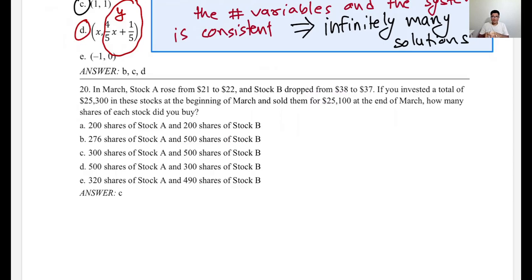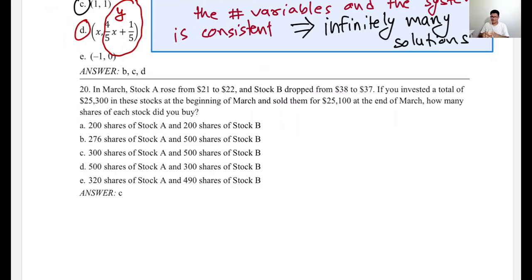Whereas the price of stock B dropped from 38 to 37 from beginning to end of that month. If you invested a total of 25,300 in these stocks in the beginning and sold them at the end, how many shares of each stock did you buy?